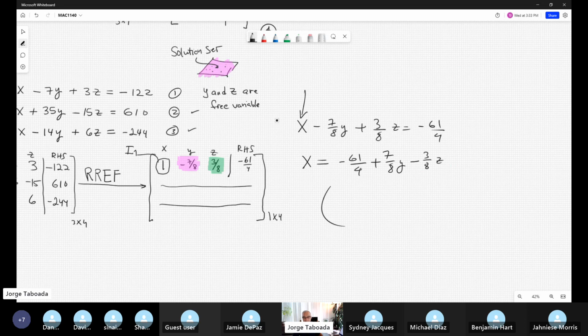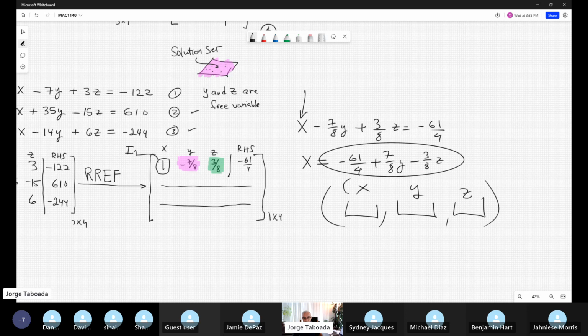Now remember, you write it like that. This is one place for the x, comma, one place for the y, comma, one place for the z, and close the brackets. What is the place of the x? In the place of the x, you copy this expression here. Let's do it formally, no?